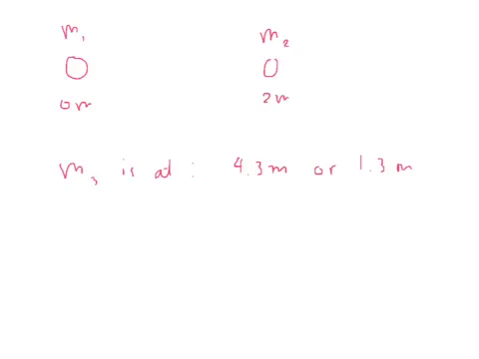Now 1.3 meters would put it about here, M3. And let's draw the forces. Well, M2 would pull it this way, and M1 would pull it this way. Right? That's what our force diagram would look like if M3 were located right here.